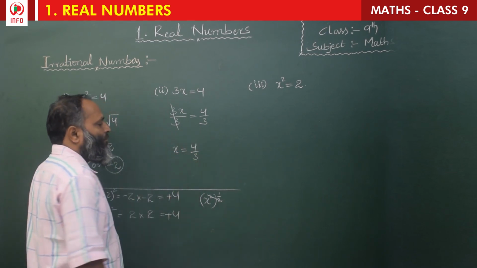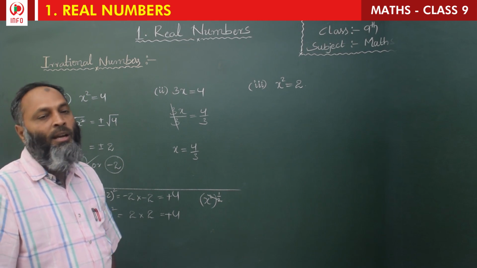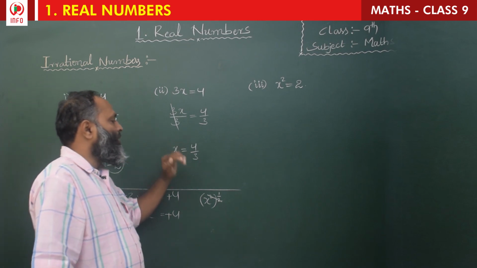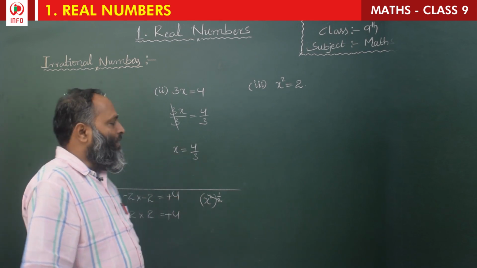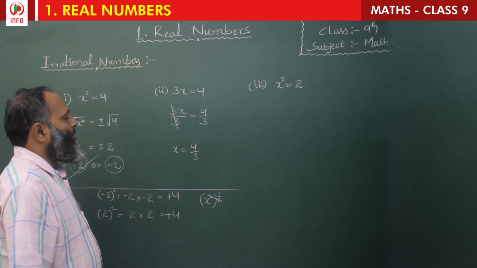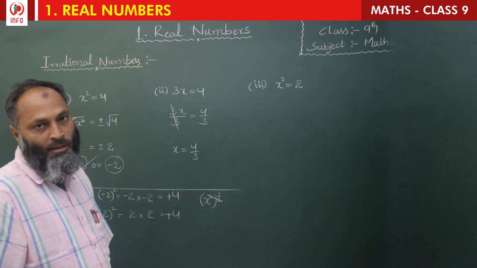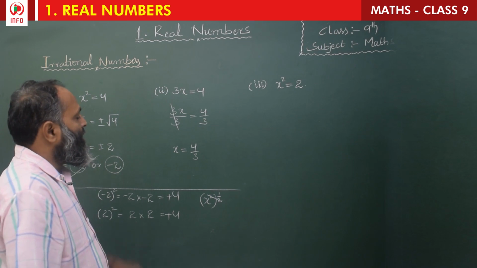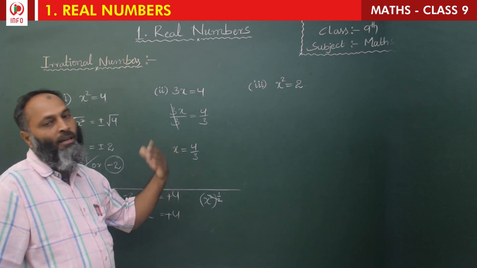This is in the form of p by q, x is equal to 4 by 3. If it is in the form of p by q, then it is a rational number. Then it is either terminating or non-terminating.